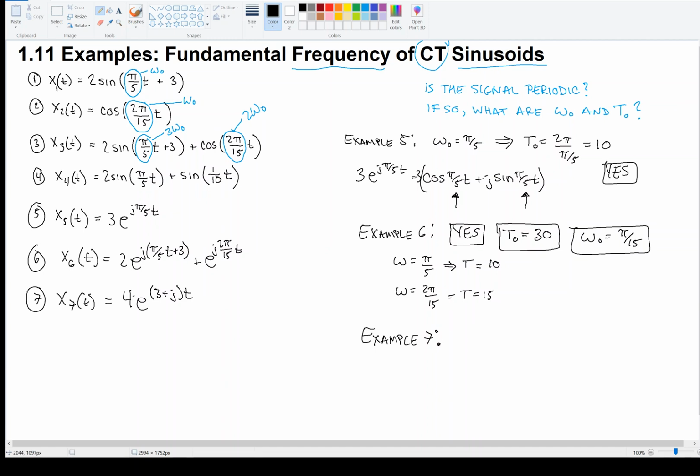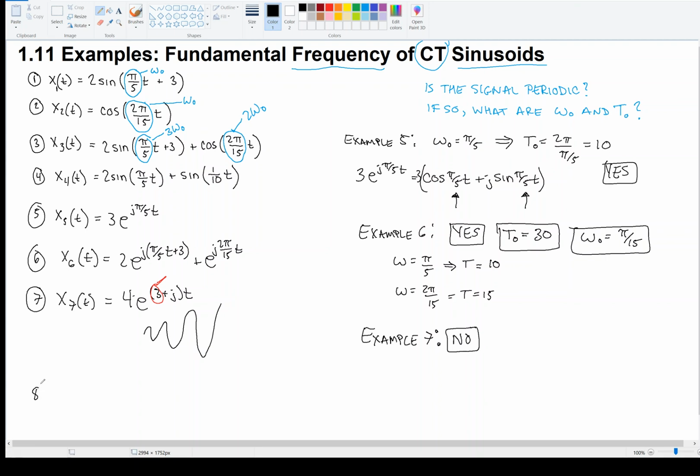Okay, well, remember that the real part of the exponent has to be 0 for the complex exponential to be periodic. So the real part here is 3, it's not 0. So this is actually one of those things that oscillates, and it gets larger as it oscillates. So that's not periodic. No.